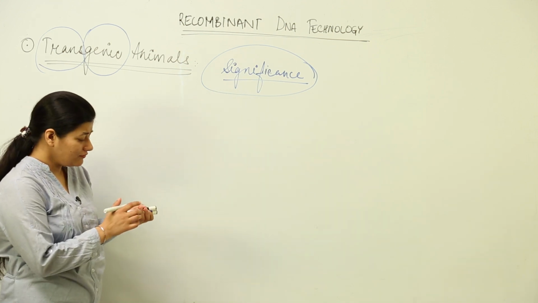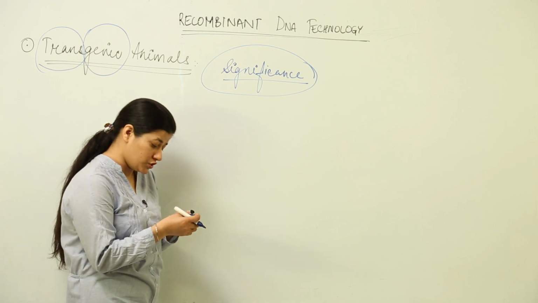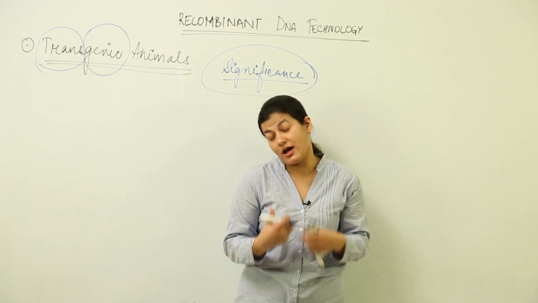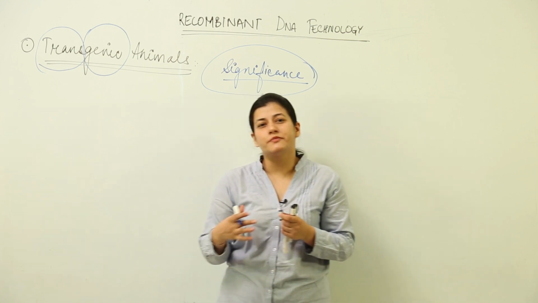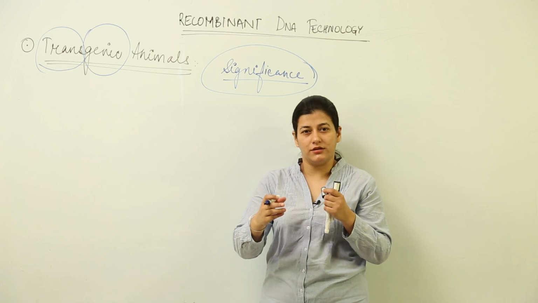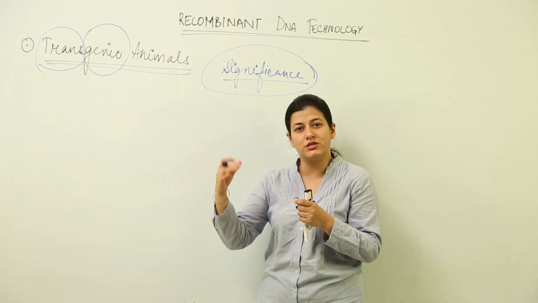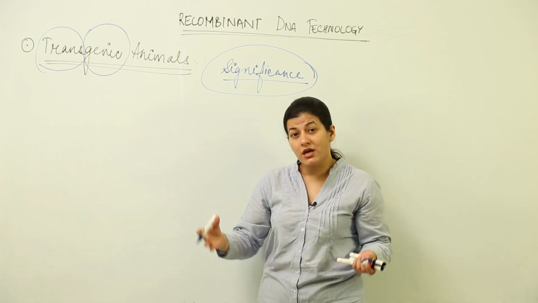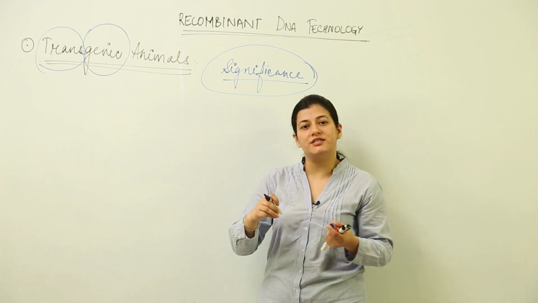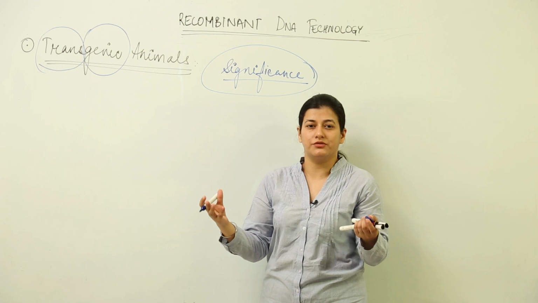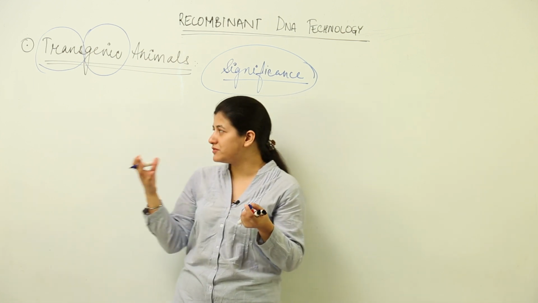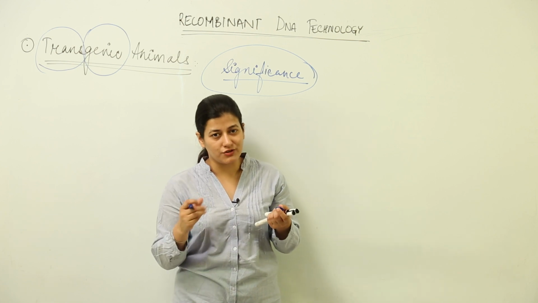If anyone watching has been a fan of science fiction movies, as I myself am, I've grown up seeing the animal altered and made to do certain things which are not in its potential, and because an external gene has been added, the animal or the human being could do wondrous things. That's what is usually seen in science fiction movies.